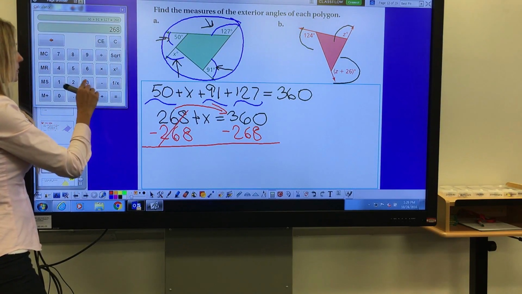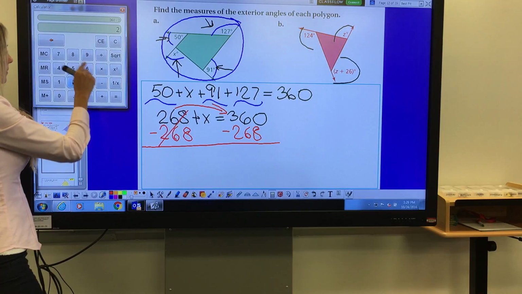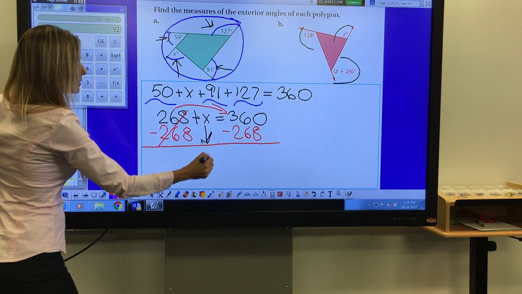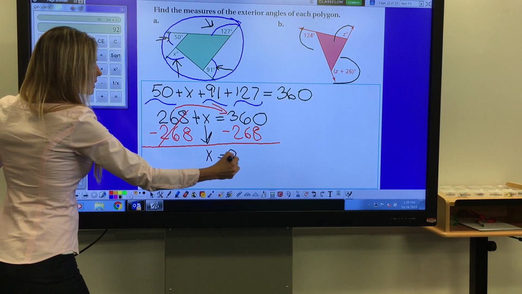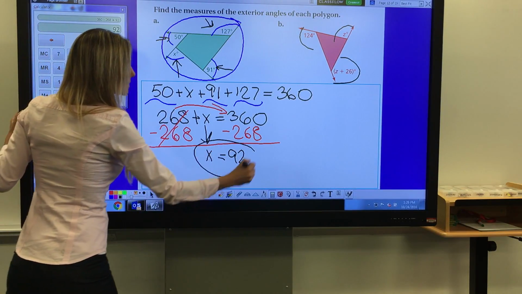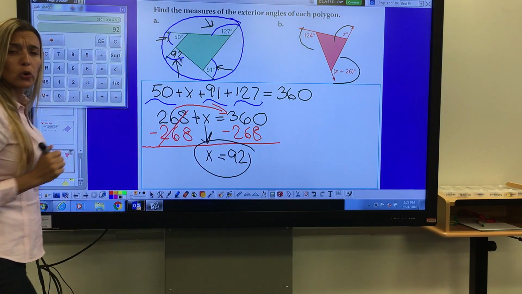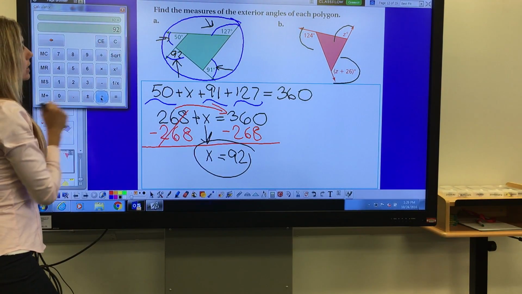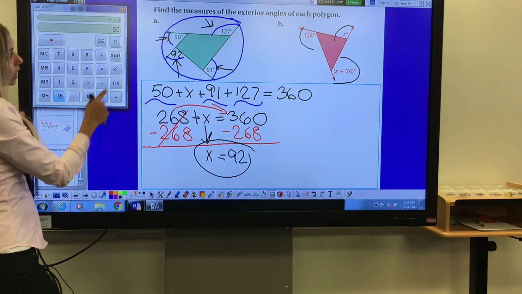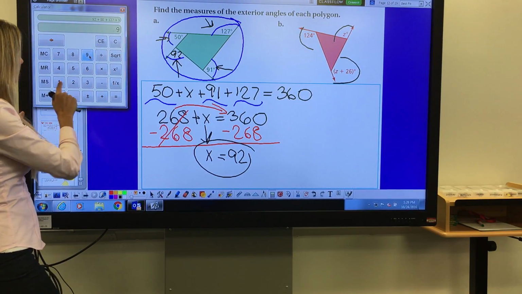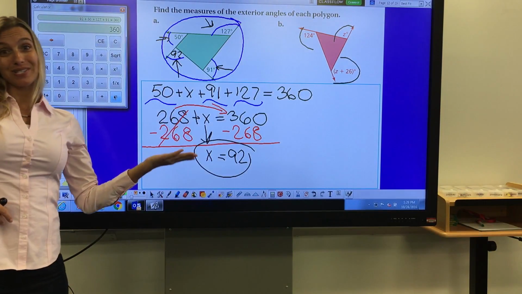This will cancel, and I will get that x equals 92 degrees. So this x in here is 92. Let's make sure we're correct. So I have the 92 plus 50 plus 127 plus 91 is 360 degrees.